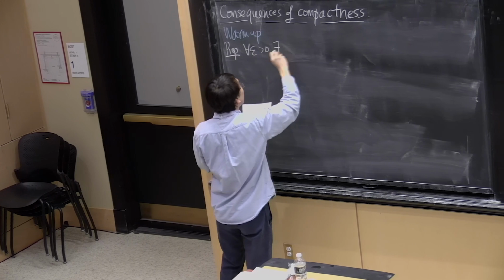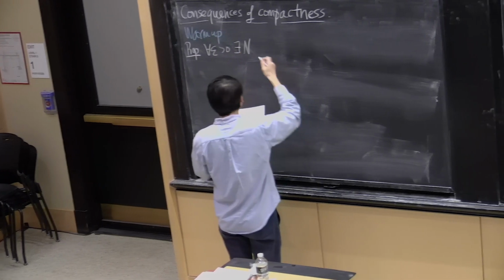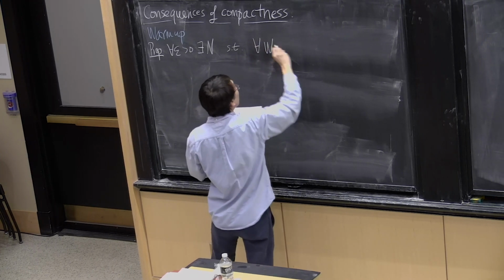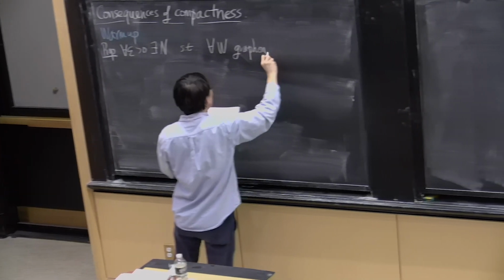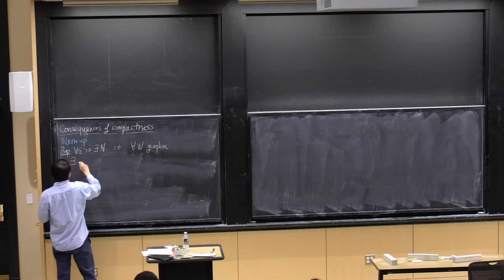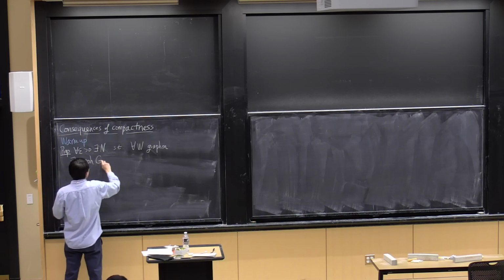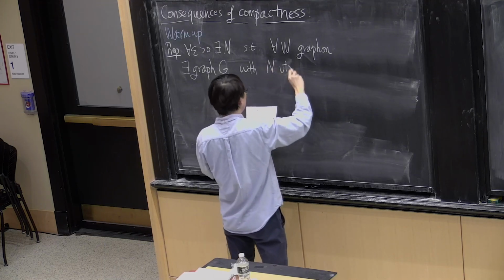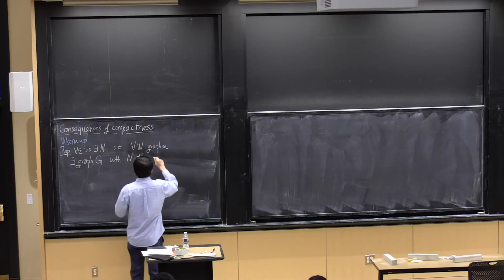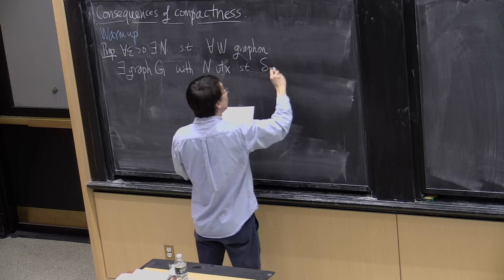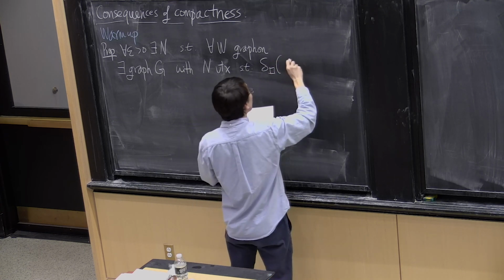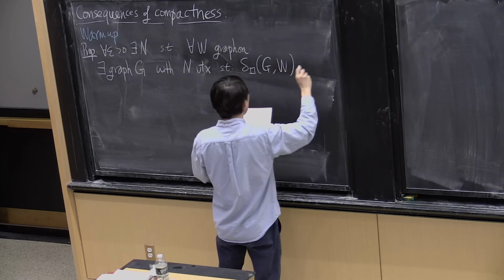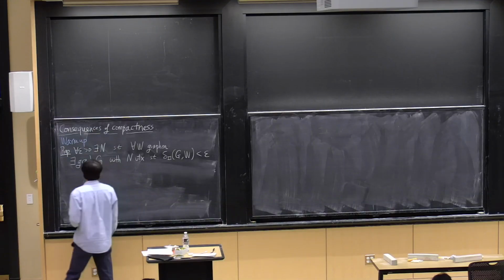For every epsilon, there exists some number n, which depends only on epsilon, such that for every graphon W, there exists a graph G with n vertices, such that the cut distance between G and W is at most epsilon.